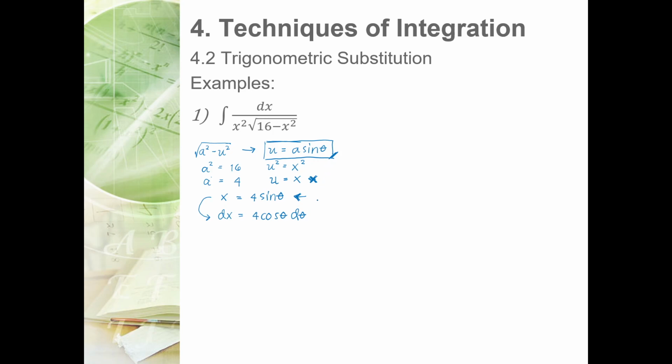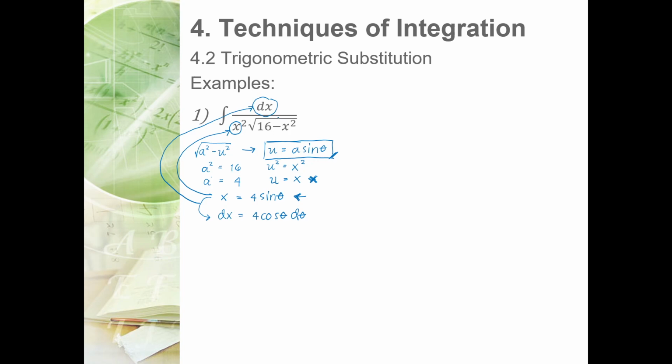Alright, so once you have the x and the dx, notice that we can replace dx with 4 cosine theta d theta. We can replace the x part because the squared part can be included in the transformation later. So the x here goes to this direction, and the dx goes in this direction also.